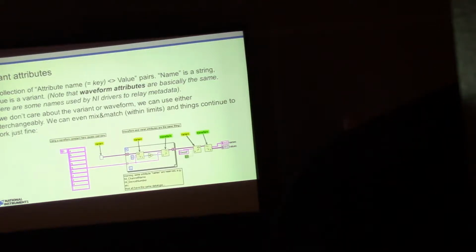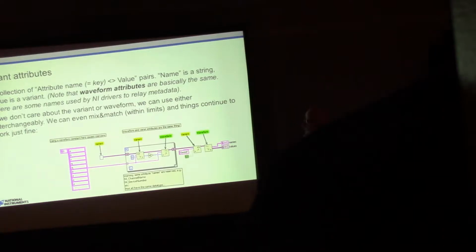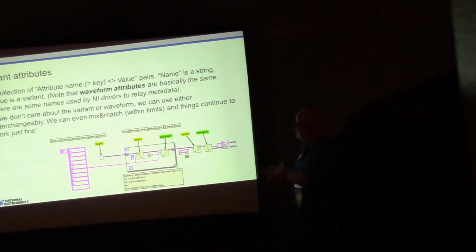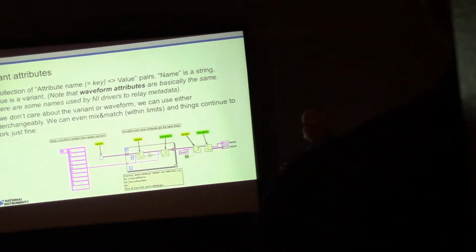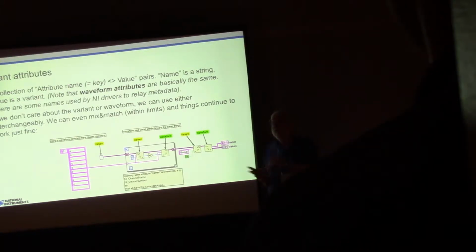So let's go back. Last year, I gave a similar talk and like the last quarter of it was about variant attributes, and that's the only thing we had before sets and maps to store key value pairs.